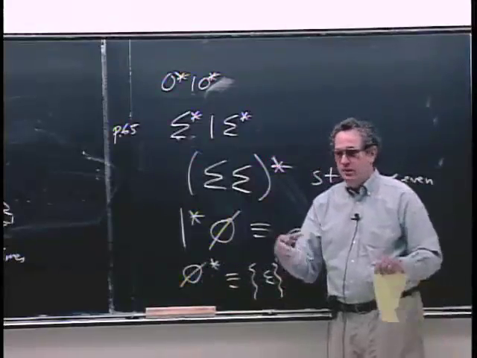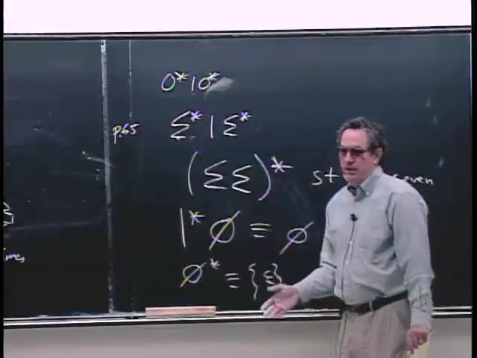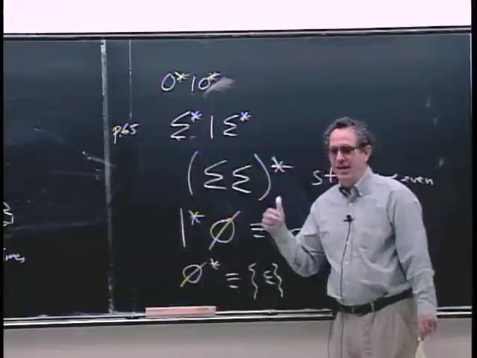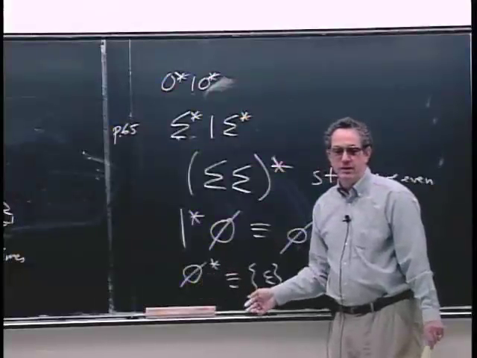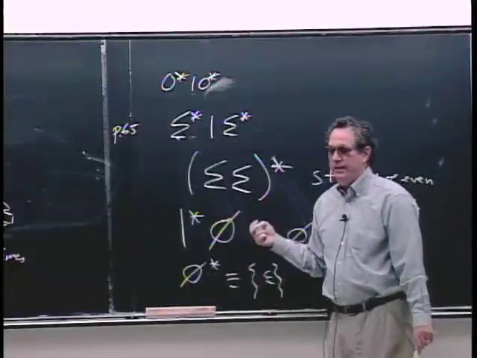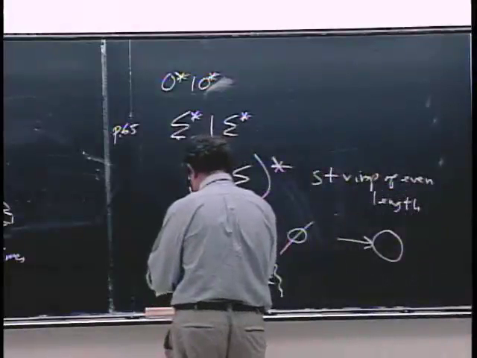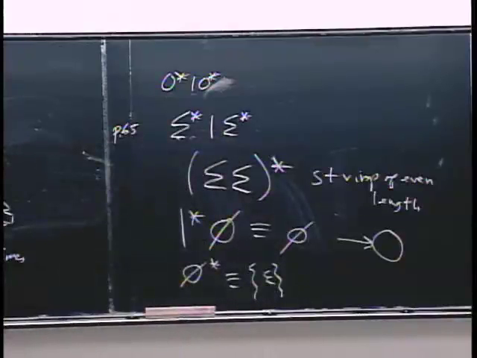So there's no empty language at all, and so that's the empty string. Again, I would take this as an axiom as opposed to something you ought to be able to figure out, and it's not going to happen. It's just too weird, but it is there on page 65, so I thought I would mention it.